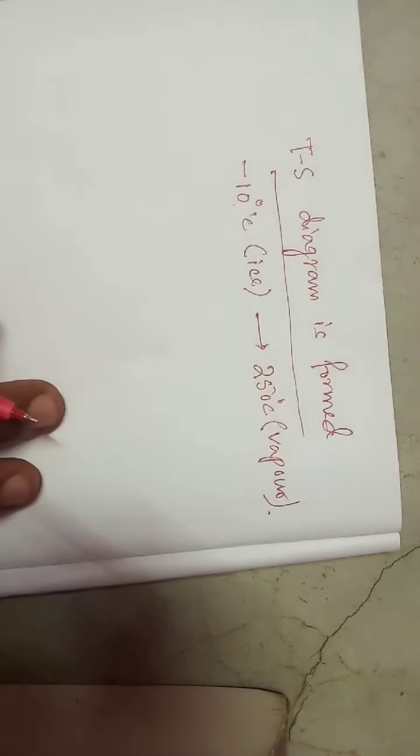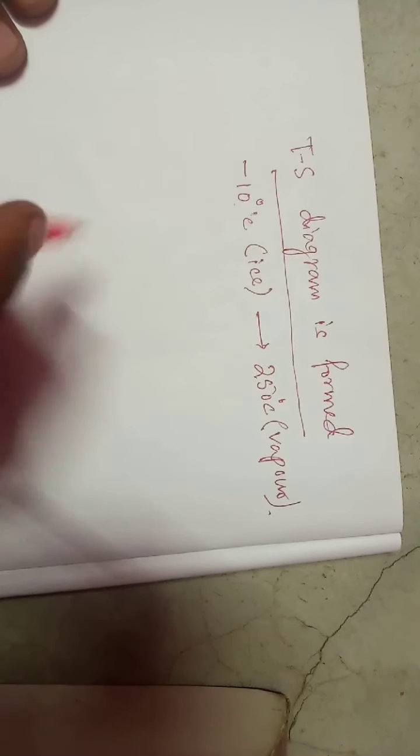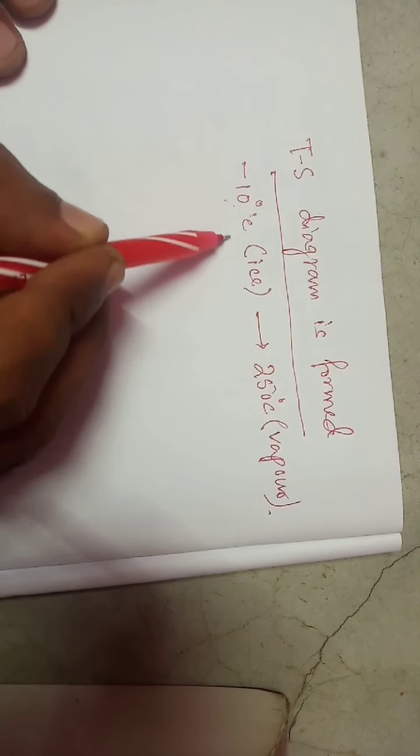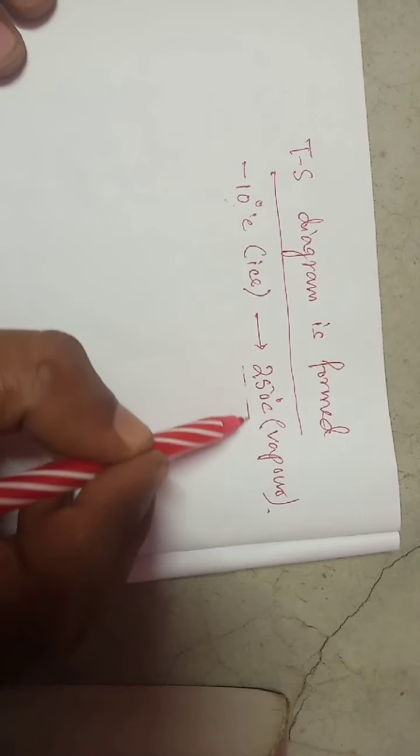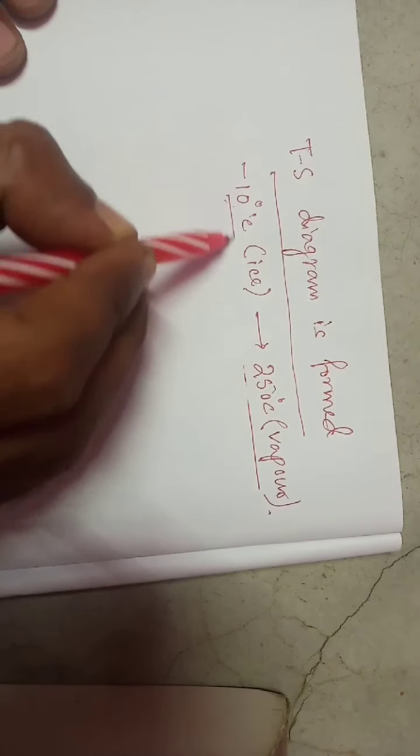We will try to convert minus 10 degrees centigrade, which is a solid condition, into 250 degrees centigrade of a vapor condition. And what will be the process? We will just look into this matter. So we are going to heat minus 10 degrees centigrade of ice into 250 degrees centigrade of vapor.